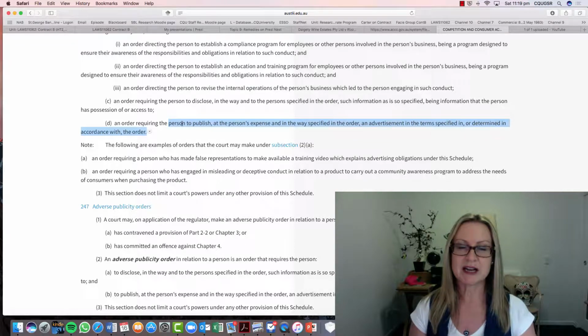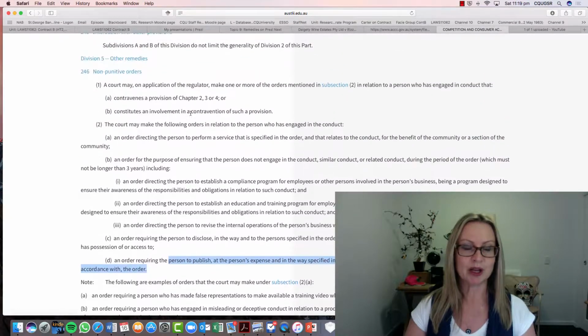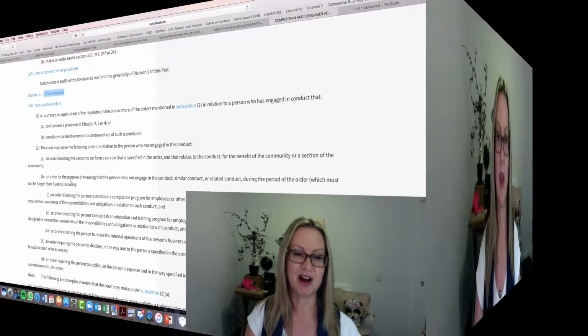I've given some more details on this particular provision because it's quite useful in our tutorial work on this topic. So they are the rather delightful other remedies you can get in Division 5. And they are the main suite of remedies that you'll get under the ACL.